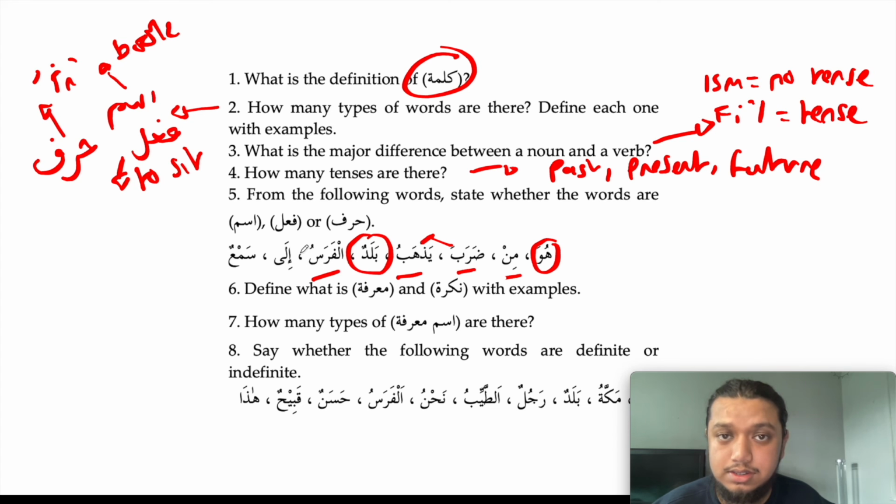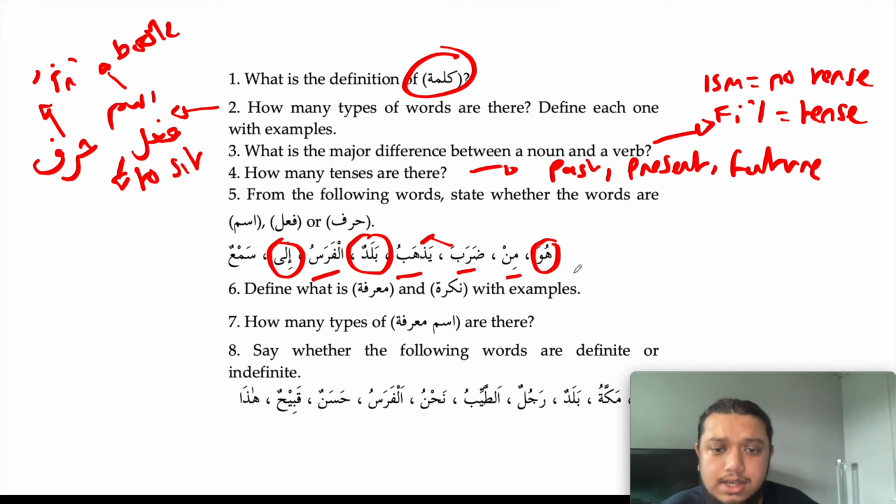Al-faras is an ism. Ila is a harf. And sam'a is an ism. Huwa is a pronoun. It means he. It can also mean it, depending on context. Min is a harf. Generally it means from. Daraba is a verb meaning he hit.